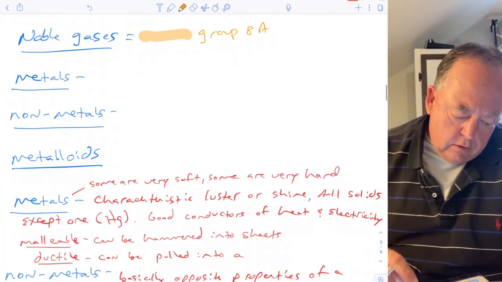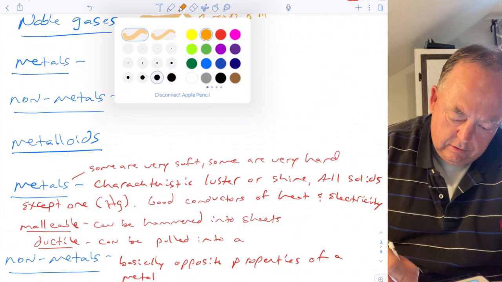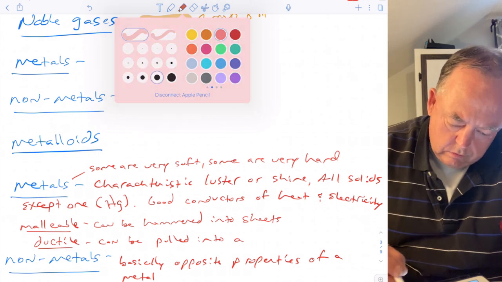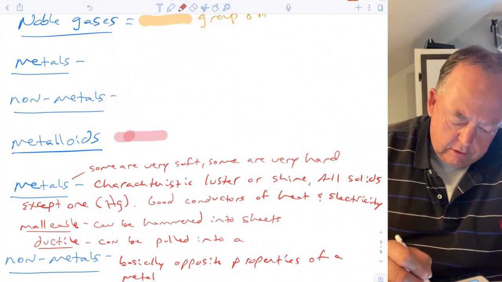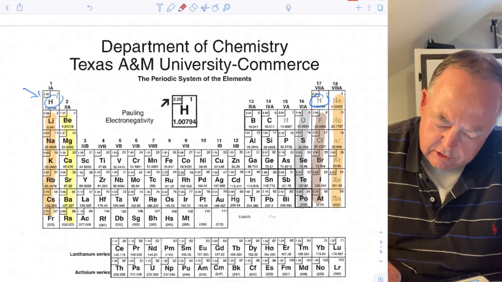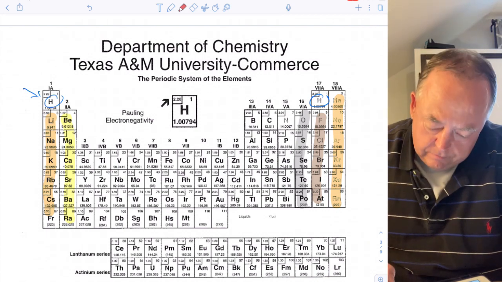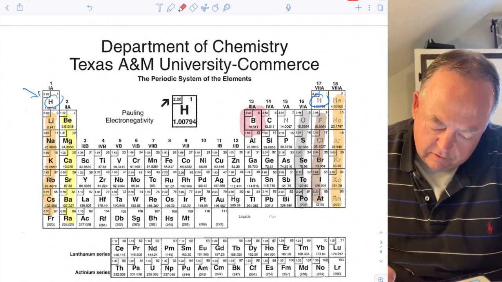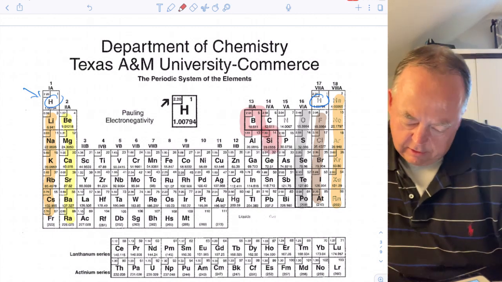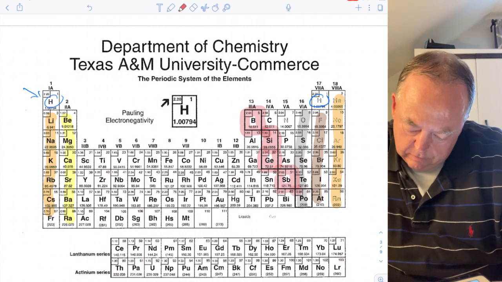Okay, so metals, nonmetals, and metalloids. So let's take the metalloids first. So these elements, so this is the periodic table we typically use here at A&M Commerce. And this would be the one that I'll give you to use on the exam. So the metalloids, you can see these elements are in bold.